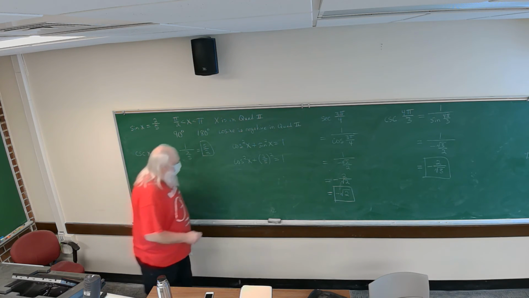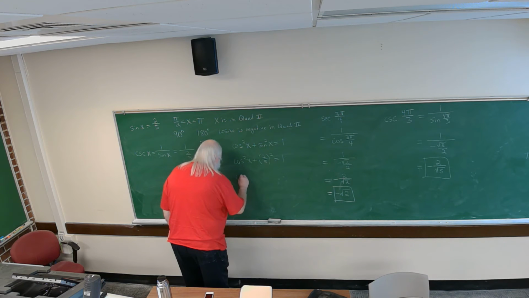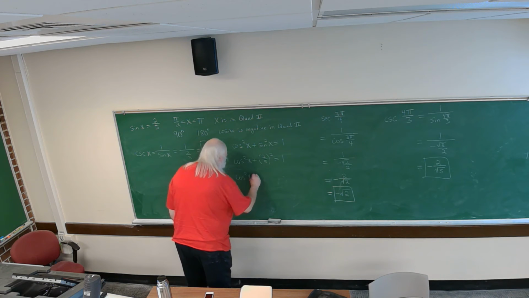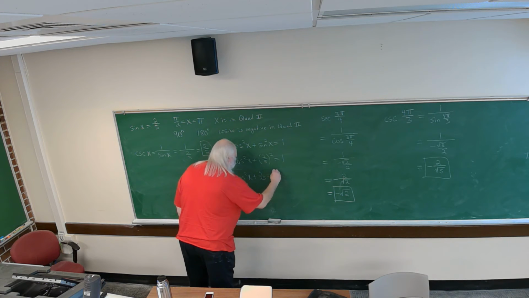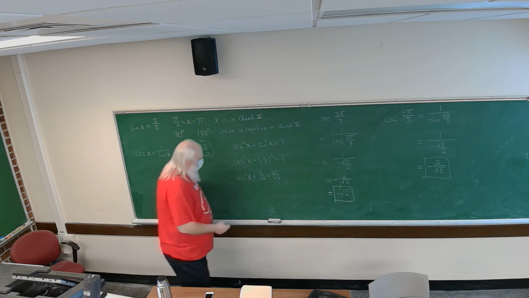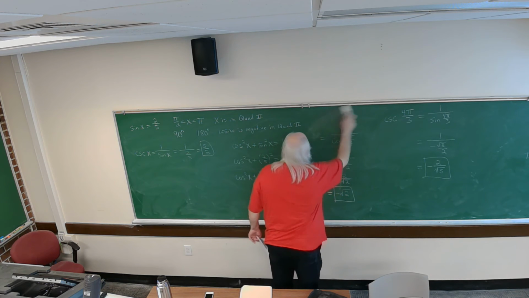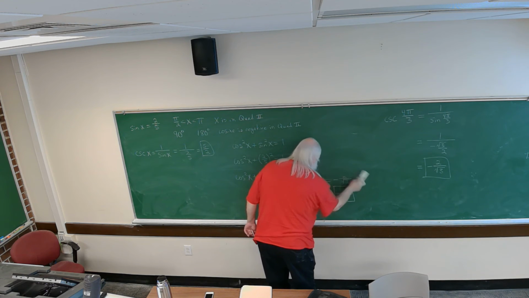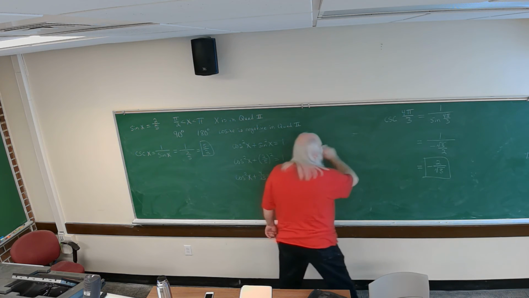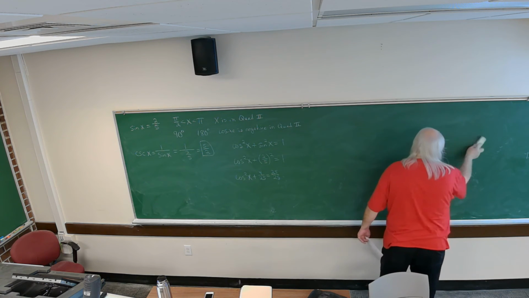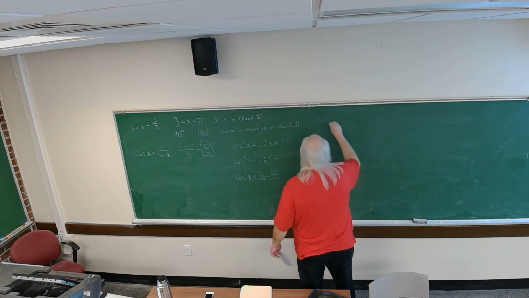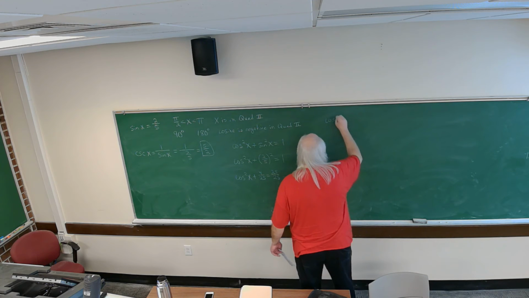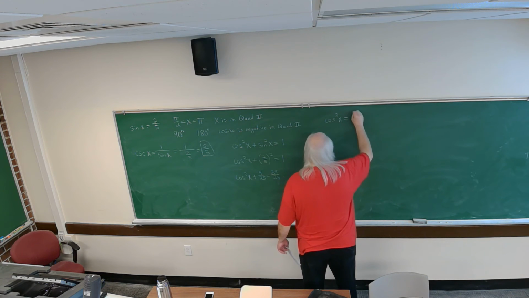Right? 2/5 squared is 4/25. And 1 can be written as 25 over 25. And now when I subtract 4/25 from both sides, I get cosine x squared is equal to 21/25.